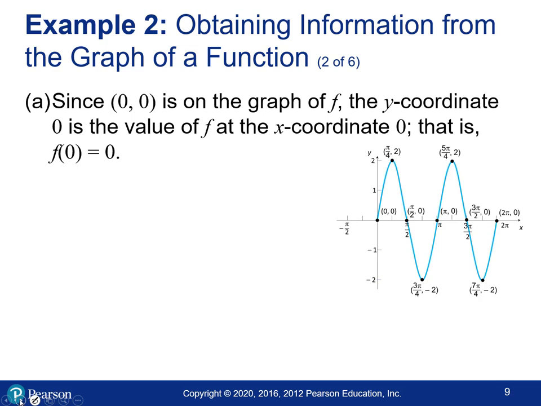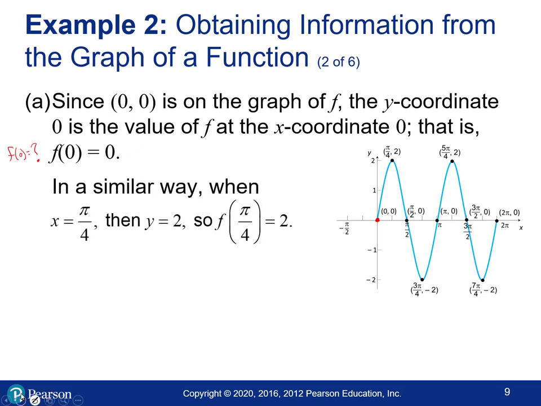Okay, so let's go through these. So part A, we were asked 3 different things. We were asked, what's f of 0? The question was, what is f of 0, meaning what is y when x is 0? So we did that one already. Right here, when x is 0, y is also 0. Okay, so the answer to that question is 0.